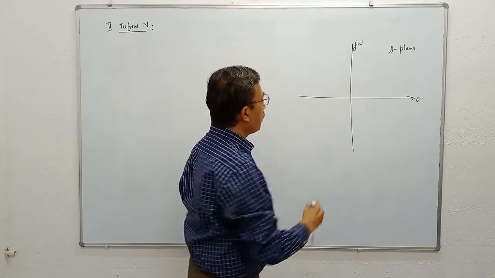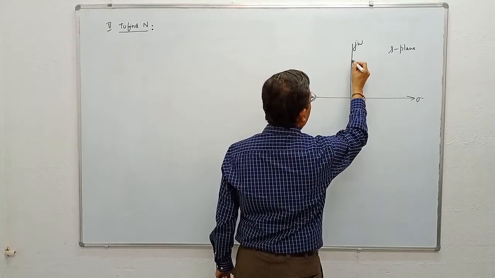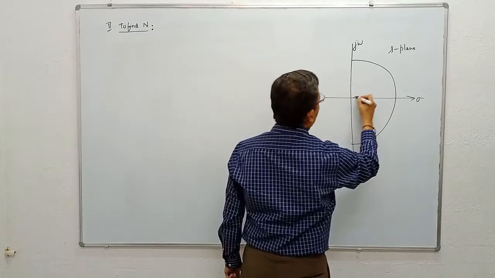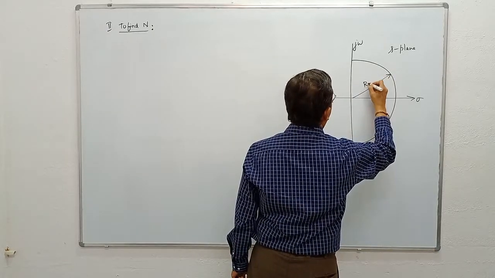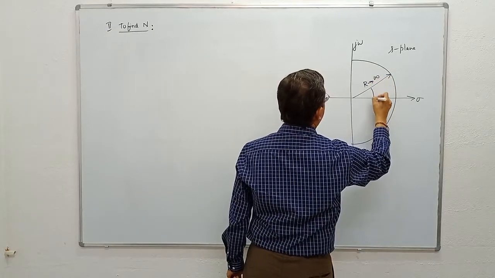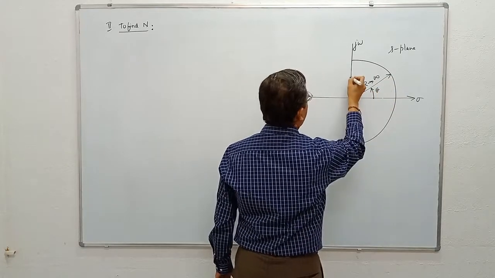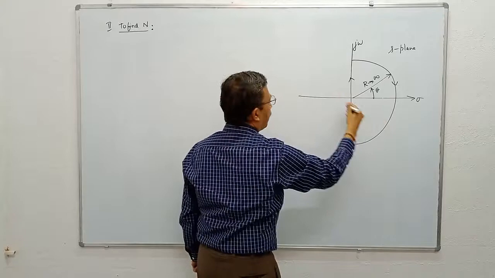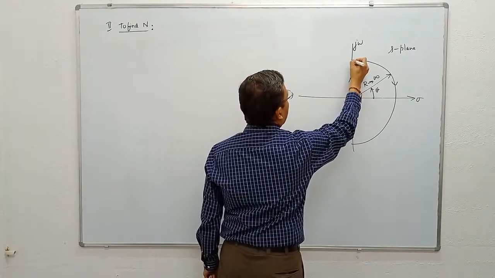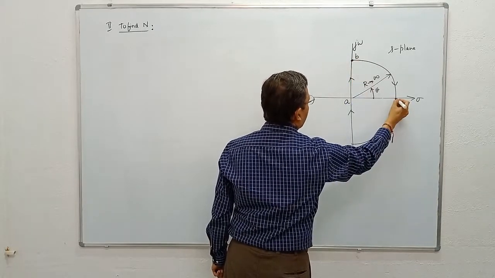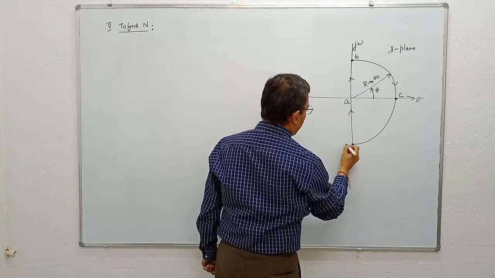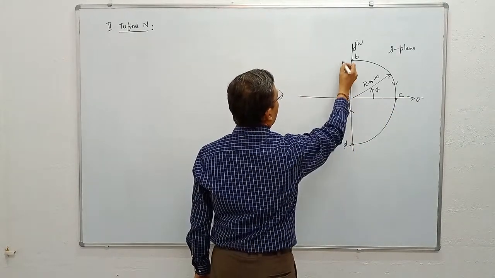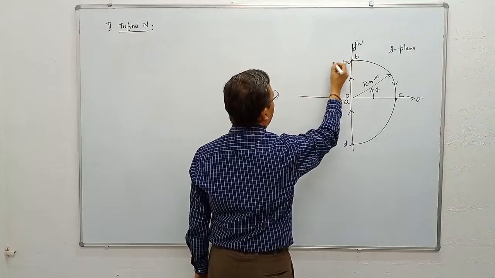The right hand side of the S plane is assumed to be the area inside this semicircle whose radius tends to infinity. Let this contour be traversed in the clockwise direction. This is point A, this is point B, this is point C, this is point D. At point A, omega is 0, at point B, omega is infinity.